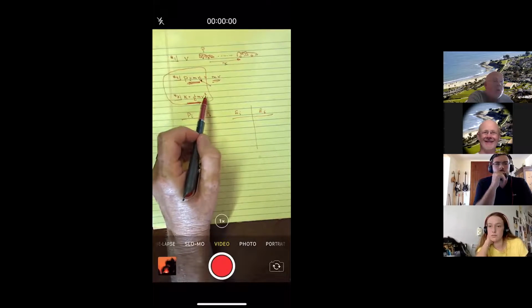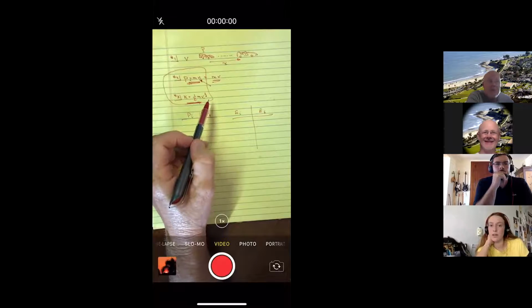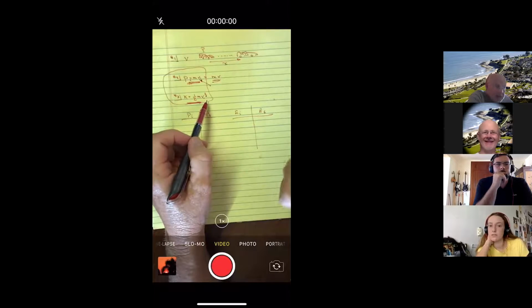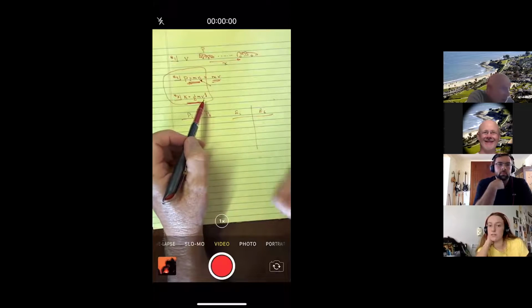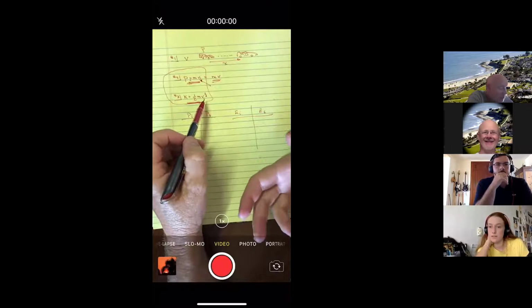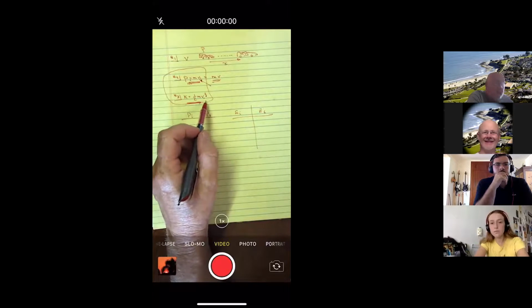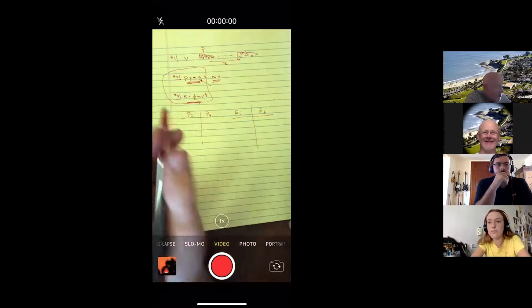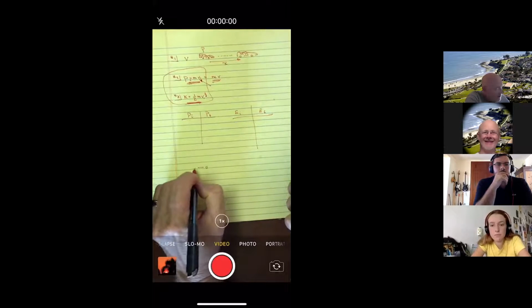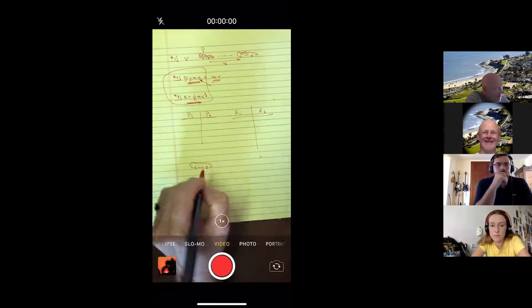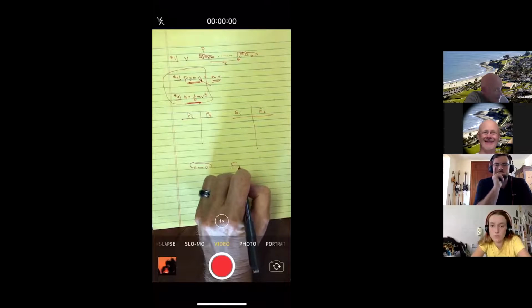Kinetic energy is a square. So if the speed is positive or negative, once you square it, you only end up with positives. If one speed's positive and one speed's negative, once you square them, they're both positive. They're trying to get you to focus on the fact that momentum can have positive and negative numbers.